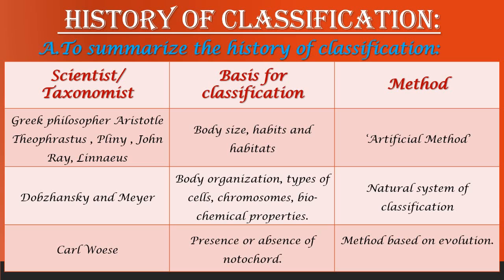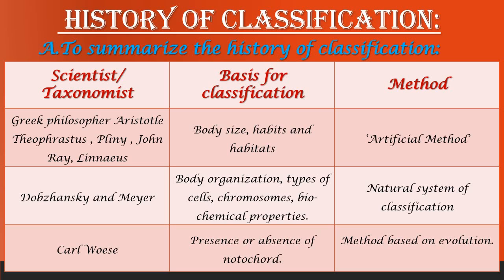The classification proposed by Aristotle is known as the artificial method, and besides Aristotle, the artificial method of classification was followed by Theophrastus, Pliny, John Ray, and Linnaeus.